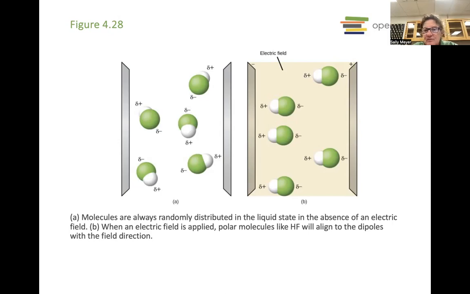So the positives will be attracted to the negative side, and the negative sides of the molecule will be attracted to the positive. We'll talk more about that as we go into more detail about chemical reactivity.